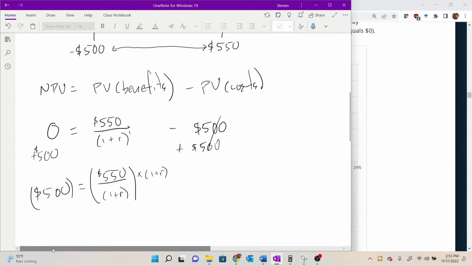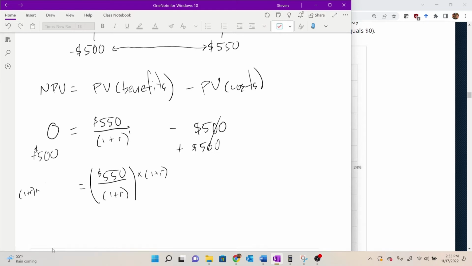Oh, I've used it up, so we'll squish this in a little bit. And those on the right-hand side are going to cancel out because we've got a 1 plus r in the numerator, 1 plus r in the denominator. So now we have 1 plus r times 500 on the left is equal to 550.